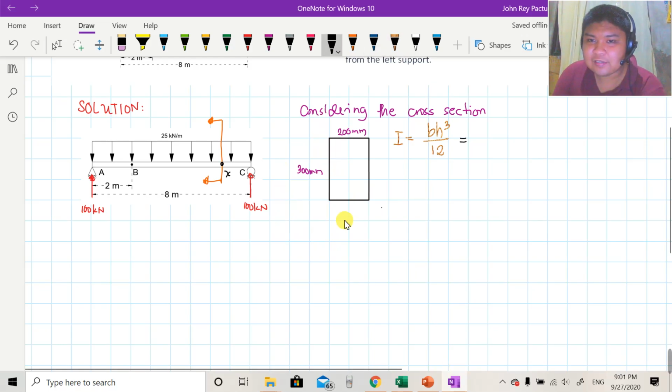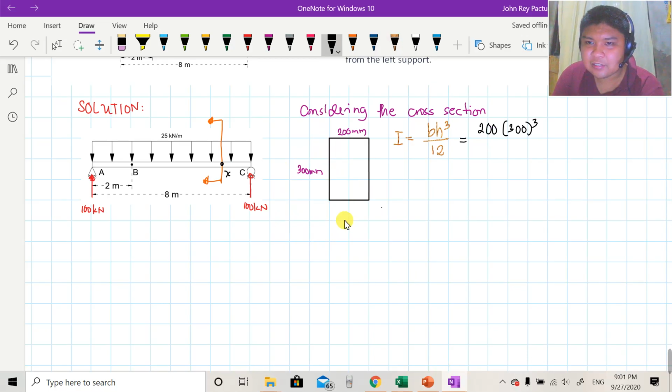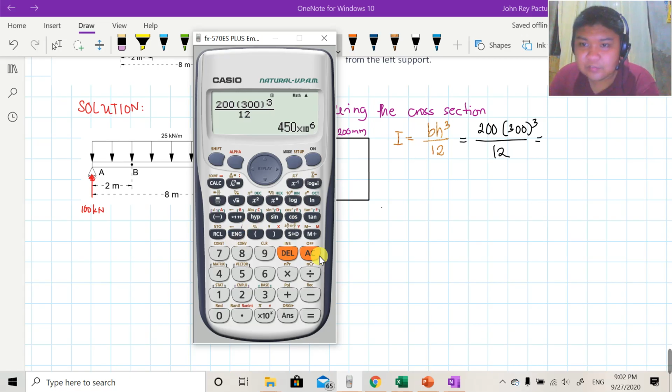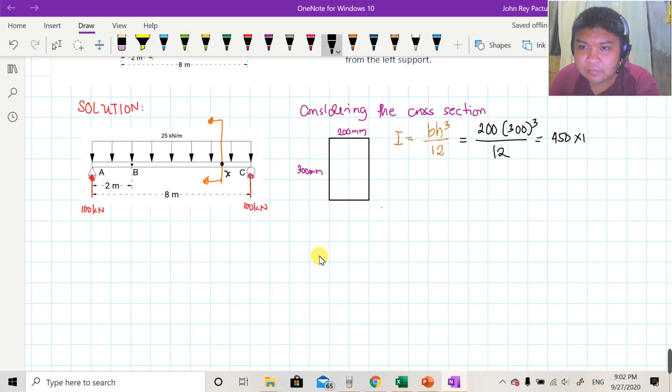So, therefore, sa case natin, that will be 200 tapos 300 cubed all over 12. Okay? So, sige. Ilan siya class? So, 200 times 300 cubed over 12. Ang sagot natin is 450 times 10 to the 6 mm to the 4th.